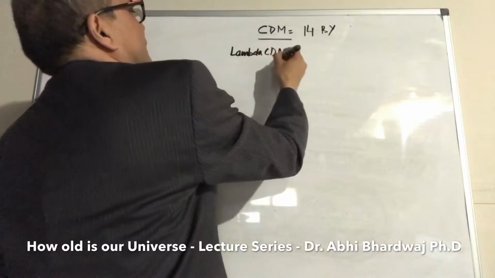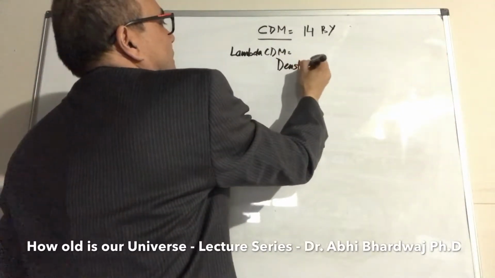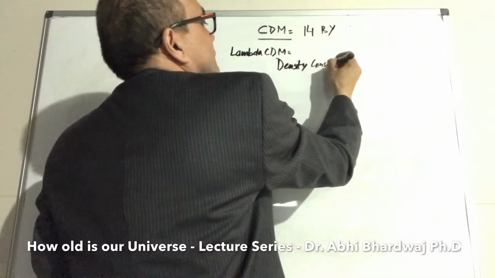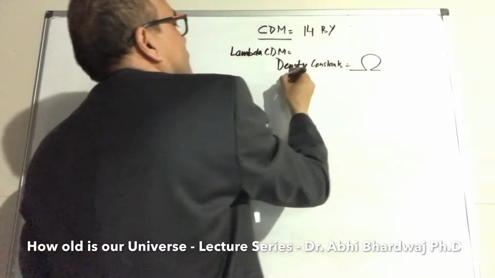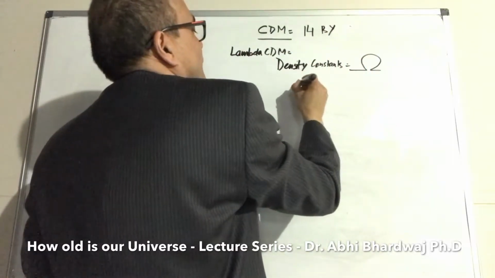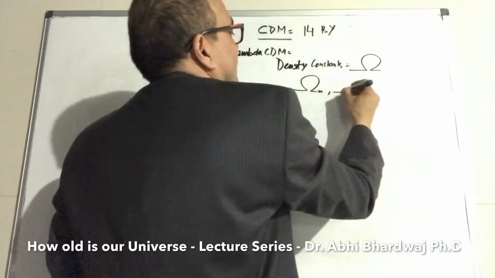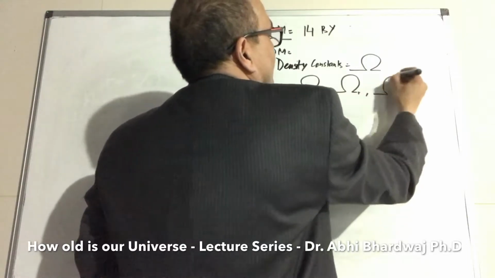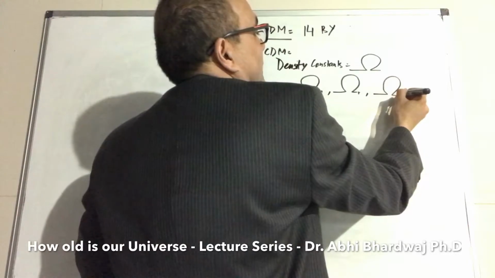So they use different constants, density constants I would say, and the symbol of those is like this. They considered matter, for example, so they had m, they had density constant r, they had density constant lambda.